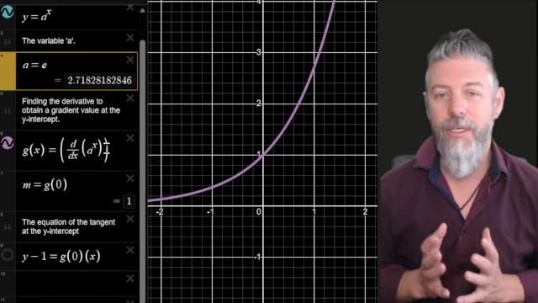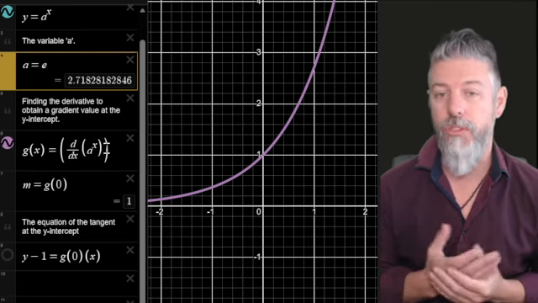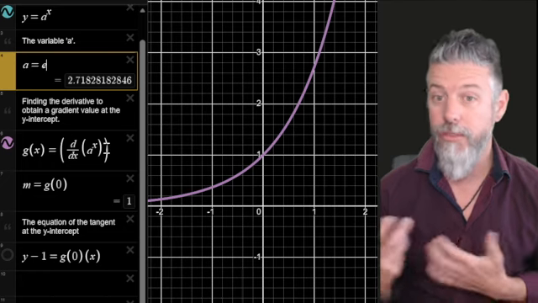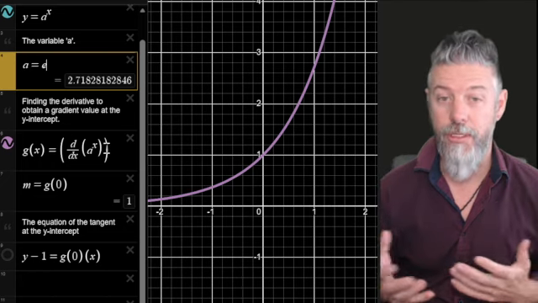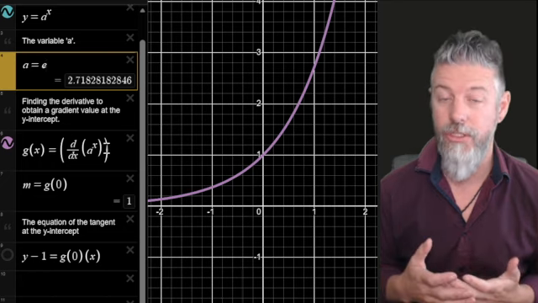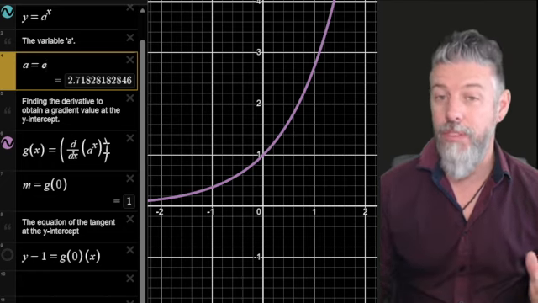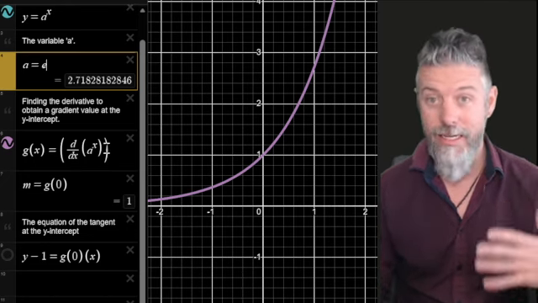So E is Euler's number, and Euler's number in this exponential means that when we take the derivative of the exponential, then it's just going to be the exponential function itself. It doesn't change. So therefore, the derivative of y equals e to the x is e to the x.